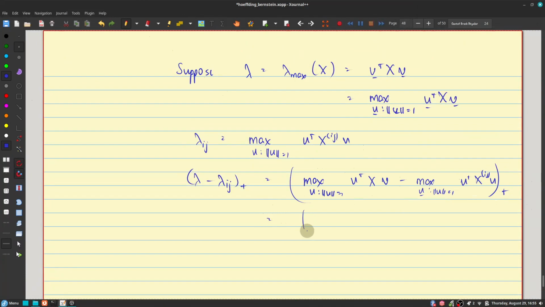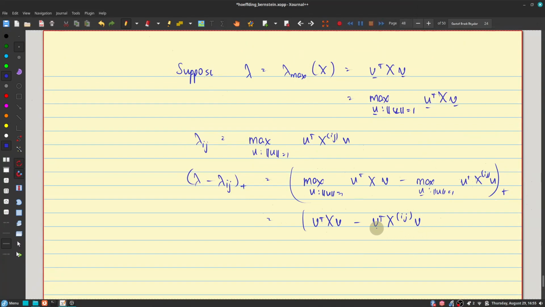This is equal to V transpose X V minus the maximum over all possible U with norm U equal to 1 of U transpose X ij U. Now, if I just look at V transpose X ij V, for a fixed V, this V is really related to X, not X ij.